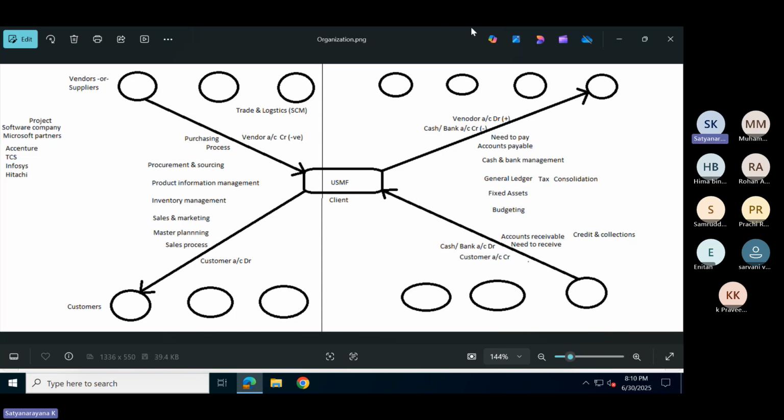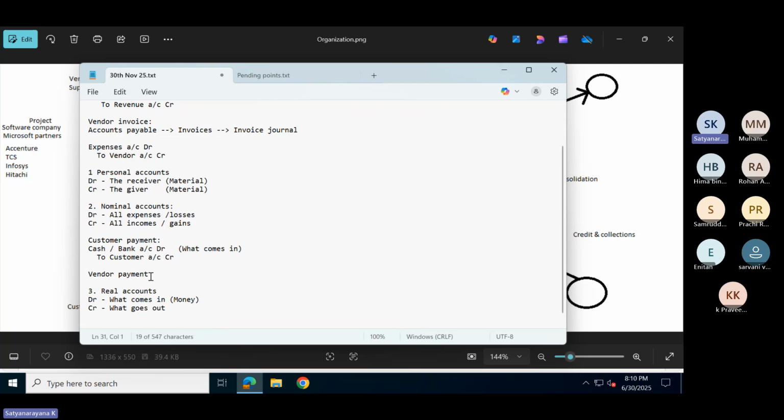So here cash or bank account credit. This is credit what goes out.